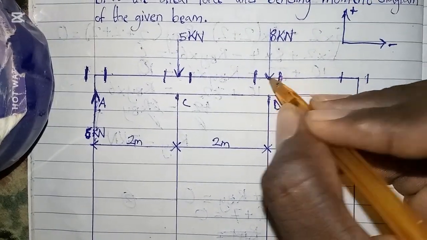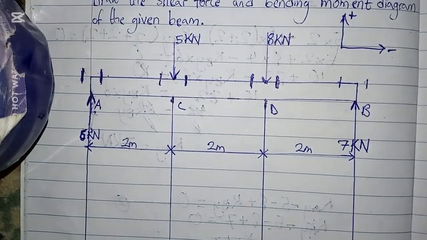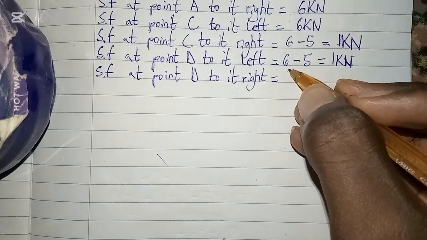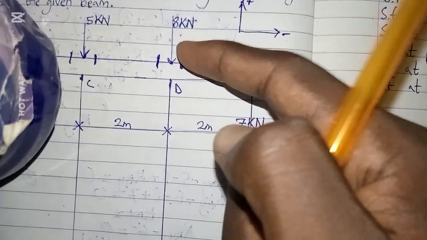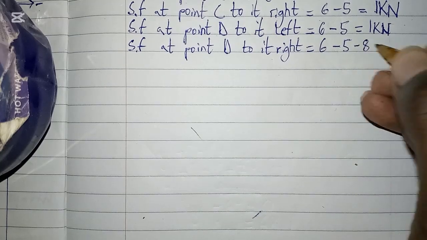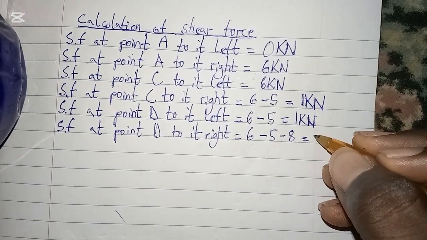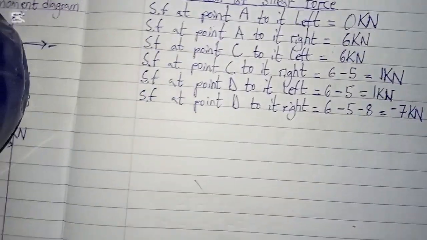You can see this force, this one, and this one too. So positive 6, negative 5, and negative 8. That will give you negative 7 kilonewton. So let's go to the next one.